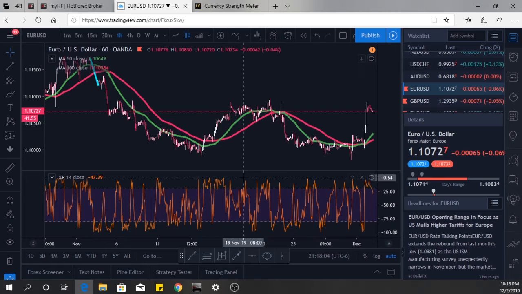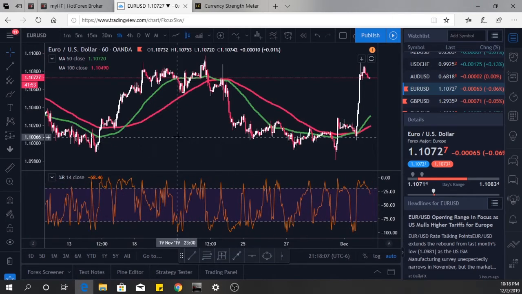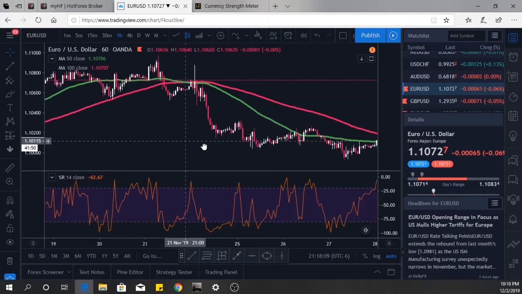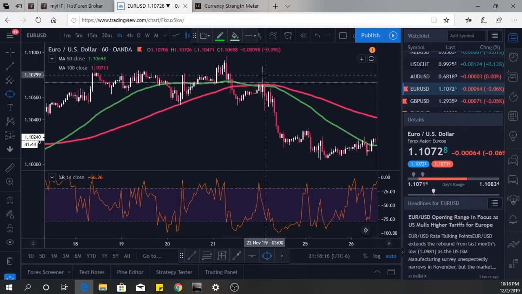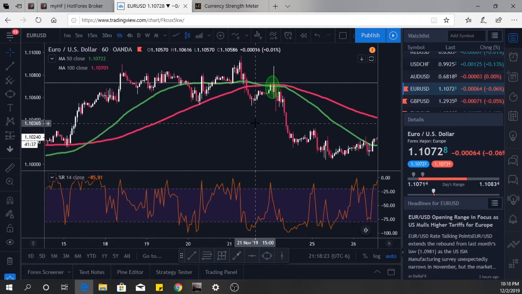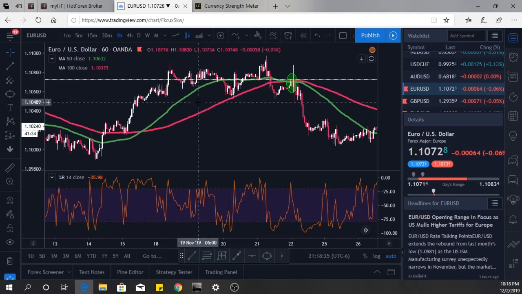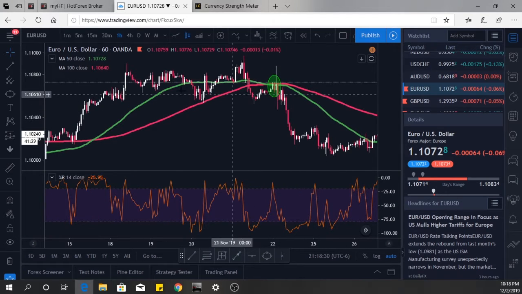Now what we're actually looking for is the 50 MA to cross the 100 MA. So right here where we have the 50 MA crossing the 100 MA is what we're looking for. But what you've got to understand is if the 50 MA crosses the 100 MA from above going down like we're seeing right here, so the green is the 50, the red or pinkish one is the 100 MA.